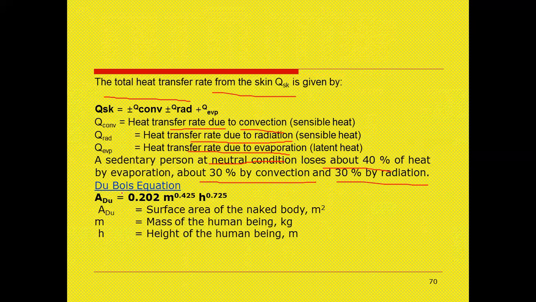By the DuBois equation, ADu is equal to 0.202 times m to the power 0.425 times h to the power 0.725, where ADu is the surface area of a naked body in meter square, m is the mass of the human being, and h is the height of the human being in meters.